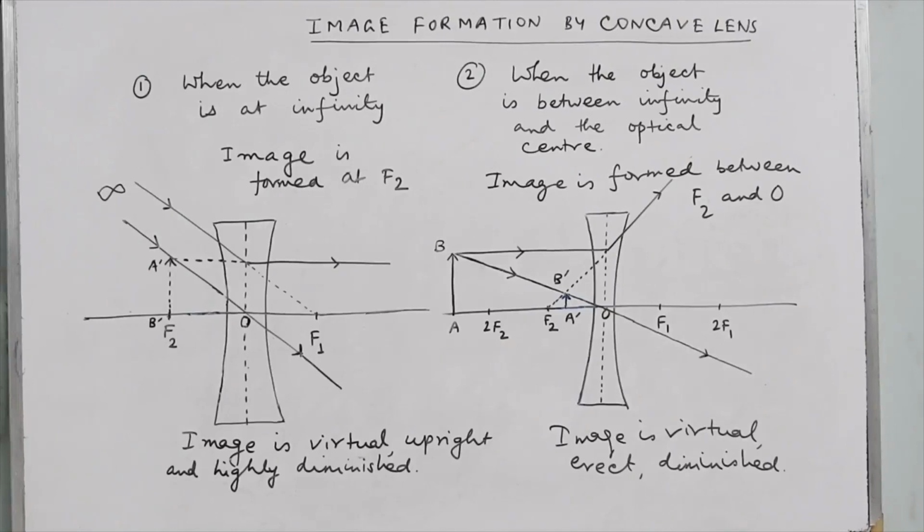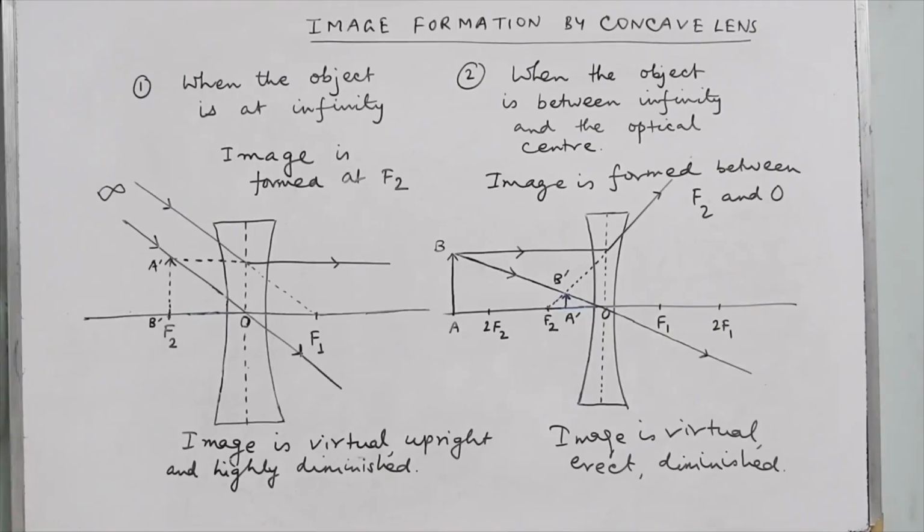But in the case of a concave lens, no matter where the object is, whether at 2f2, between 2f2 and f2, beyond 2f2, or between the optical center and the focus, the image is always formed between the optical center and the second principal focus.